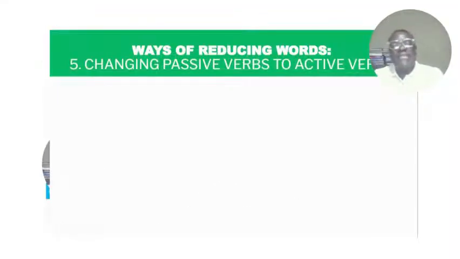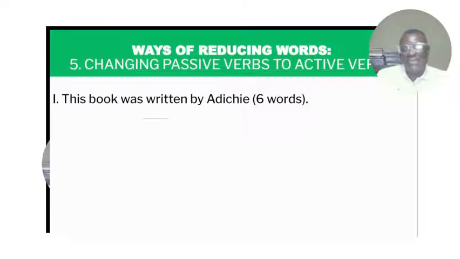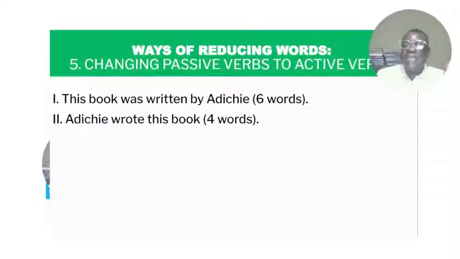Now, number 5, changing passive verbs to active verbs can also help us to reduce words. For example, this book was written by Adichie, 6 words. This is a passive sentence. And then the active sentence should be Adichie wrote this book, 4 words.